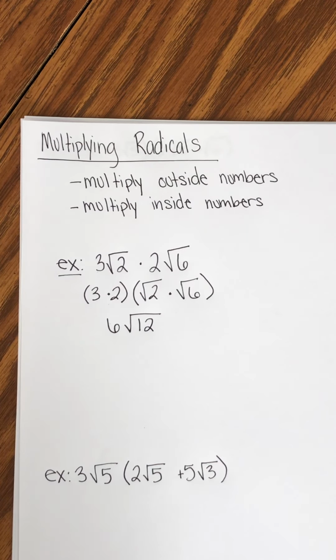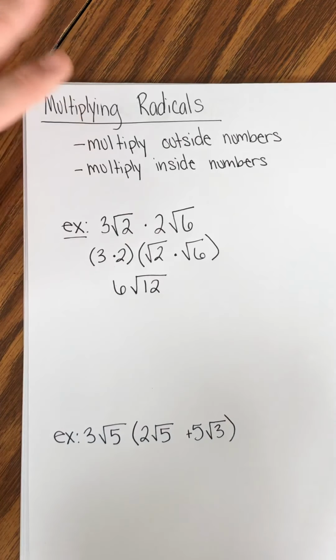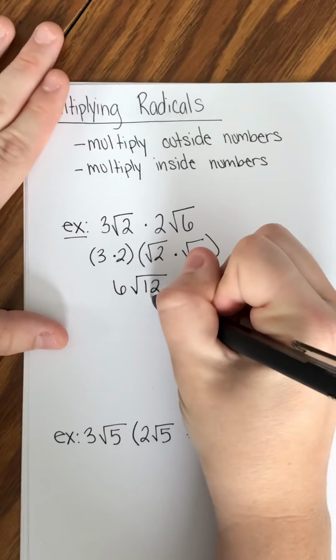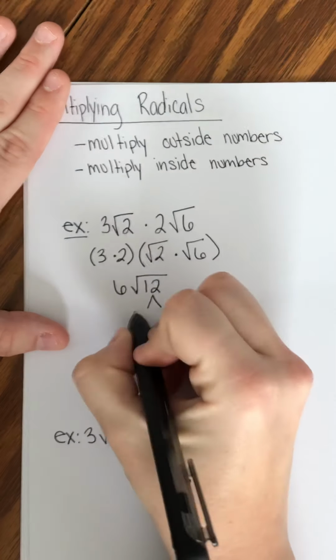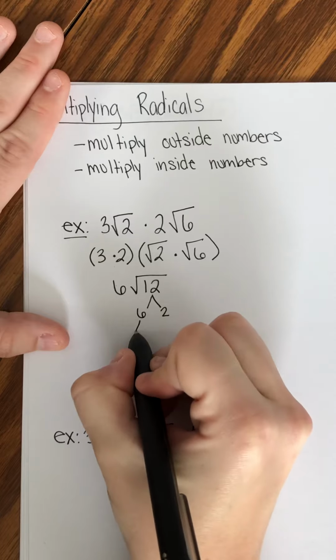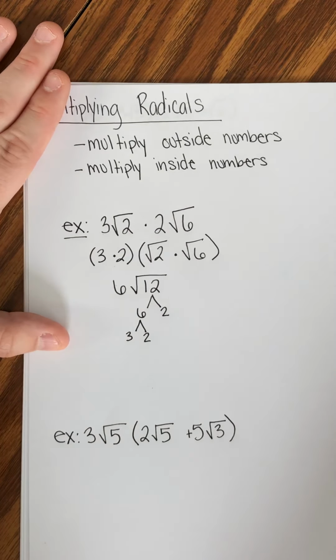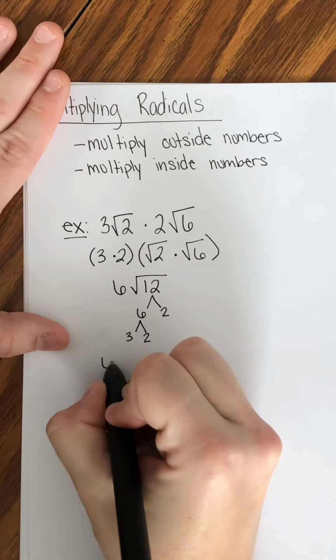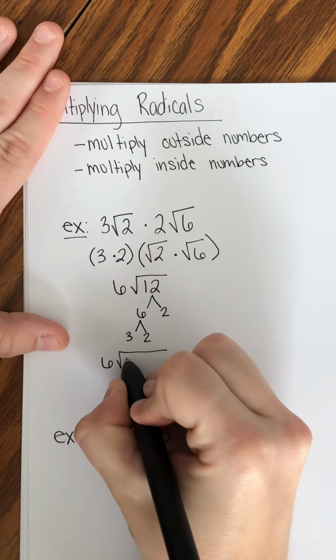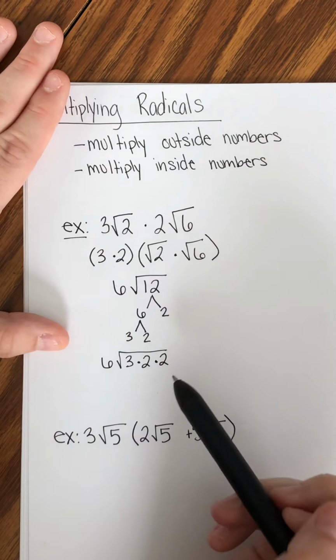12 can actually be simplified, and I do want the most simplified form of the problem. So I'm going to factor 12. Factors to 6 and 2. I can factor 6 to 3 and 2. So when I rewrite it, it would be 6 outside, and then I have 3 times 2 times 2.